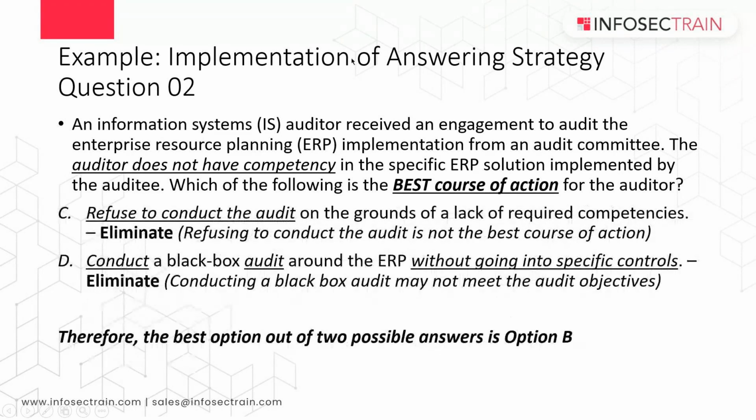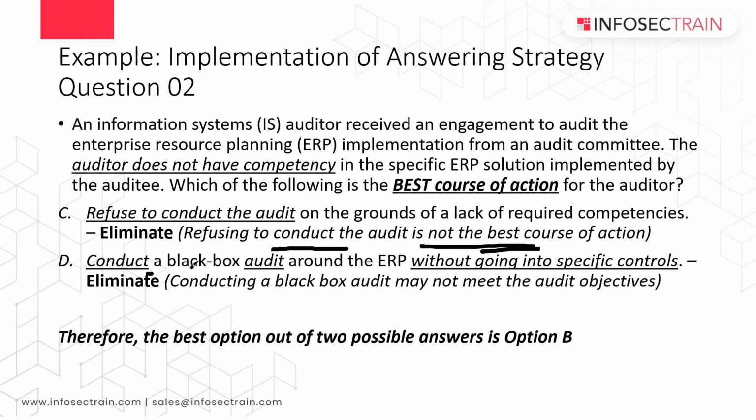Now, refuse to conduct an audit. Refusing to conduct an audit is not the best course of action. You have a mandate to conduct the audit, and the audit is going to help the organization. So, refusing to conduct an audit is not the best course of action. Better to have the competency through a hired expert.